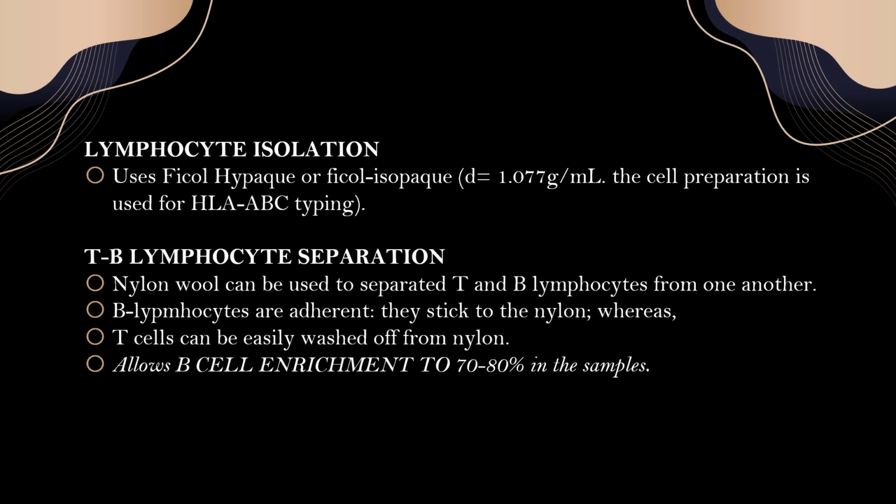This lymphocyte separation method allows B cell enrichment of up to 70 to 80% in the samples.